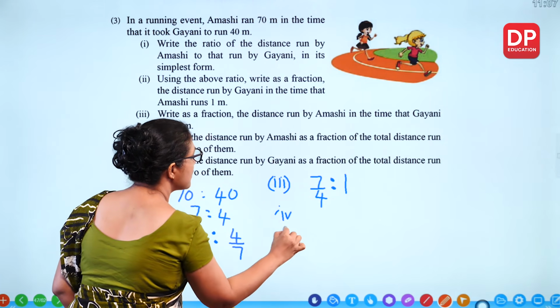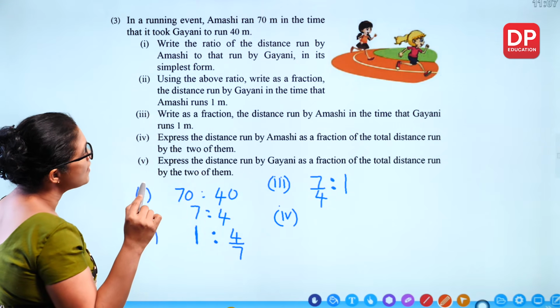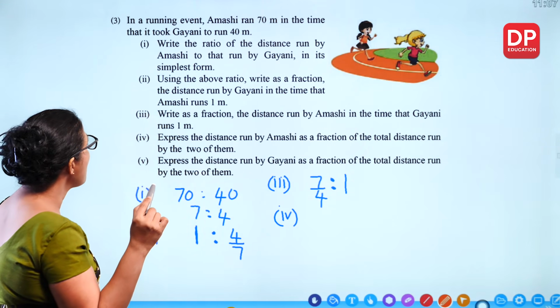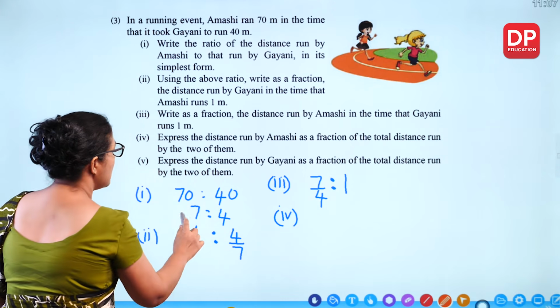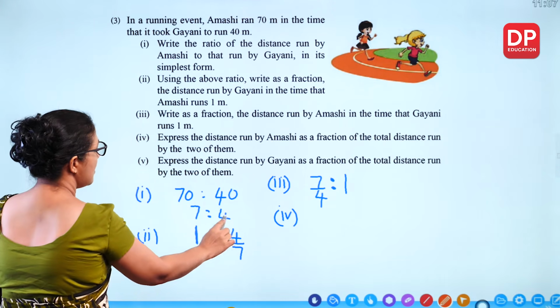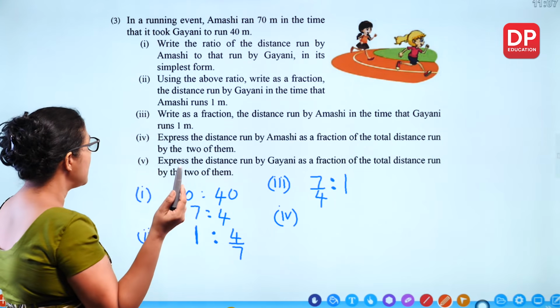And fourth part, express the distance run by Amashi as a fraction of the total distance run by the 2 of them. So what's the fraction? This is the ratio, 7:4. Total parts 11.